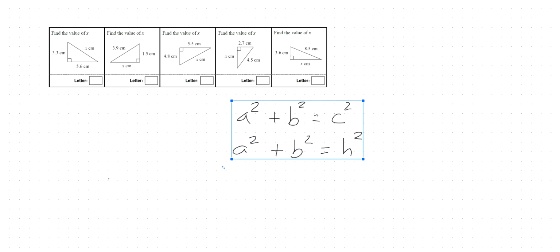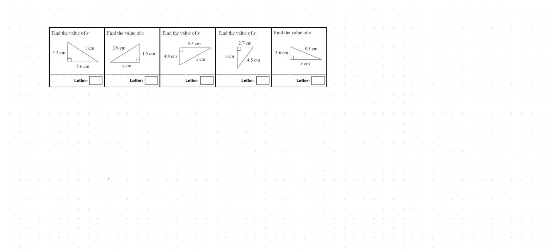If we look at this first question, we have got the 3.3 and we've got the 5.6. The first thing to do is identify: do I have a base, a height, or a hypotenuse? For this, I would start straight away from my right angle and look across.